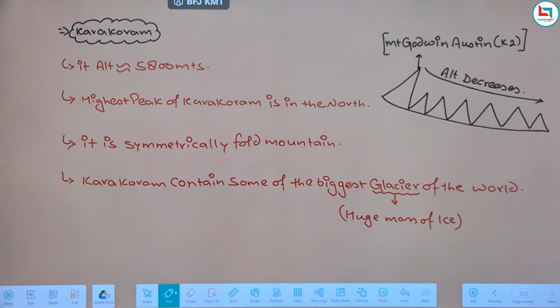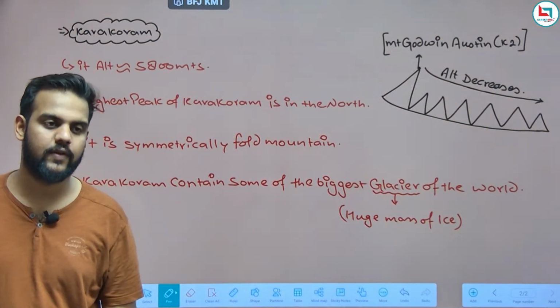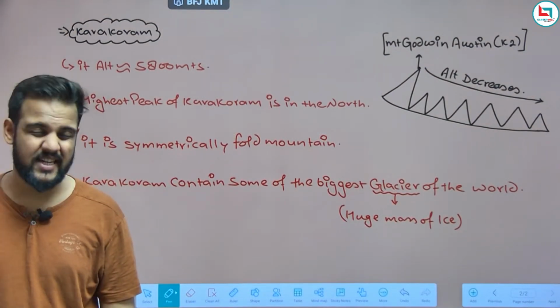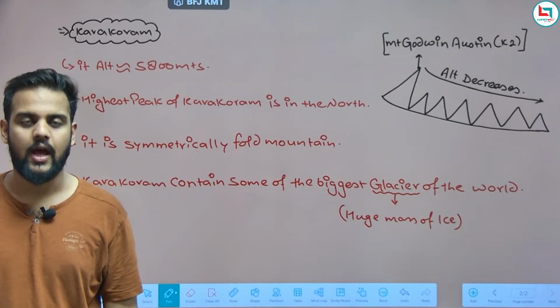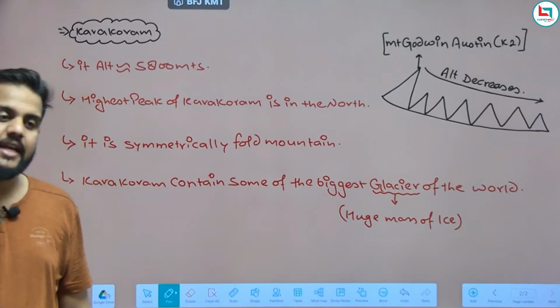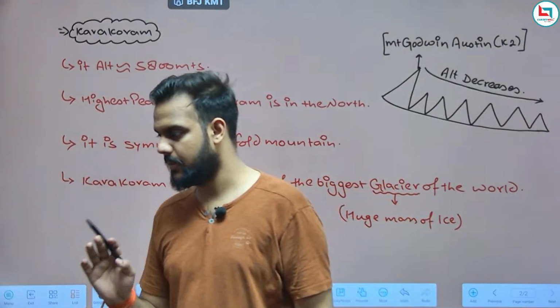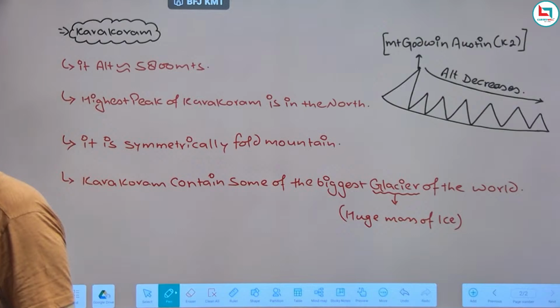Siachen Glacier is the biggest glacier outside the polar region, which is between 0 degrees to 60 degrees of latitude, and it is present in the Shikshgam Valley. And Fedchenko Glacier is the second biggest glacier of the world outside the polar region. So remember these things. These are the important ones.